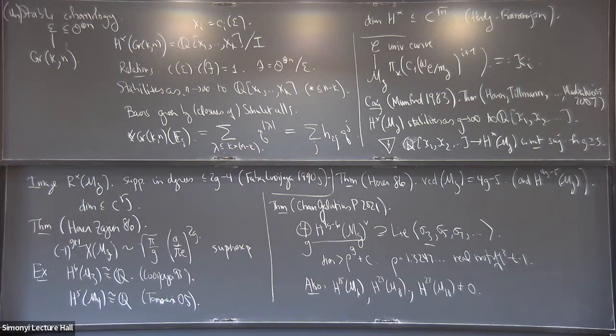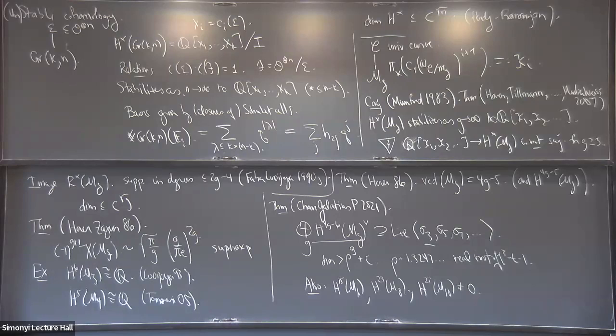So the stratification by topological type means that M_g bar is a disjoint union over stable graphs, and there's going to be some moduli space corresponding to that dual graph. So M_gamma is the product over the vertices of the moduli space of curves with the genus attached to that vertex, and then the number of marked points would be the valence of that vertex.